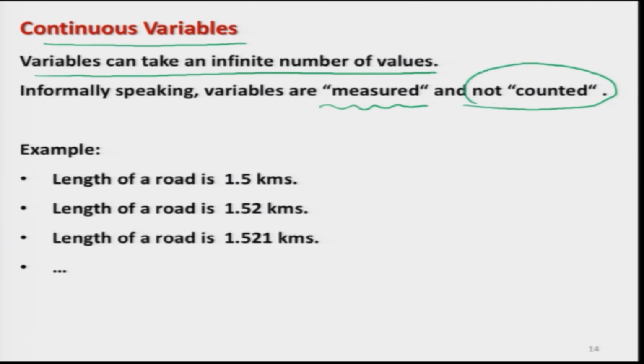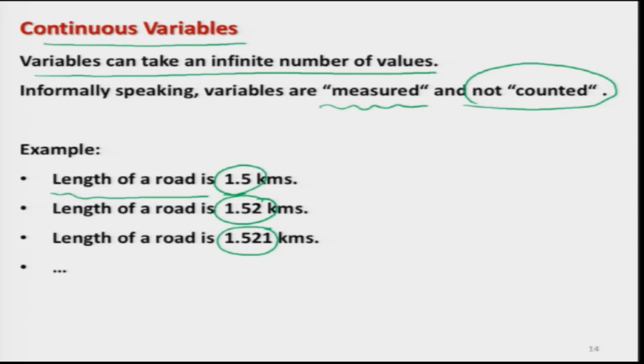They are being measured. For example, suppose I want to measure the length of a road in a certain section. It all depends how we are going to measure it, by which instrument, that is a separate aspect. Now, let me take an example. Suppose I want to measure the length of a road. The length of a road can be 1.5 kilometer, this can be 1.52 kilometer, or this can be 1.521 kilometers and so on.